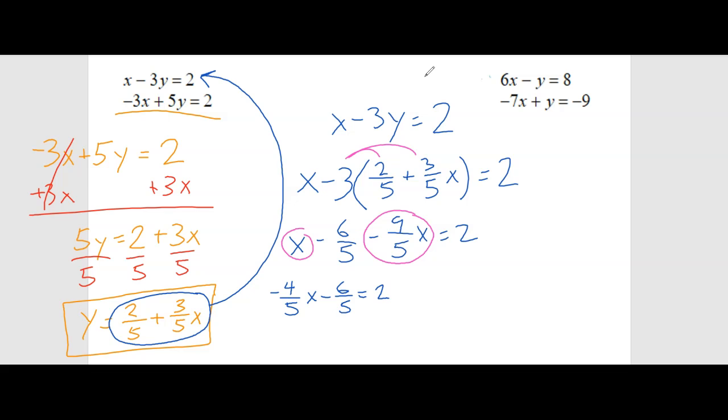When I add my 6/5 to both sides, let's bring this up here, I get -4/5 x is equal to 16/5.